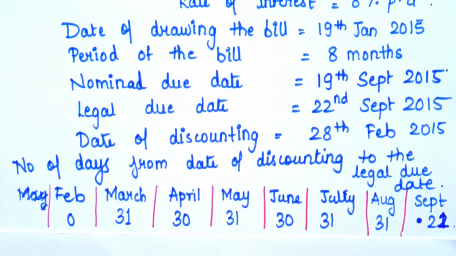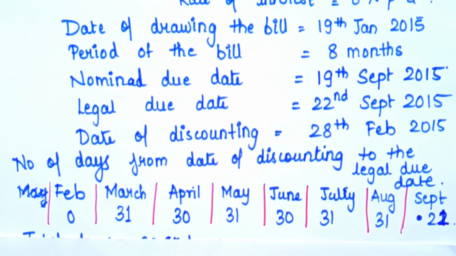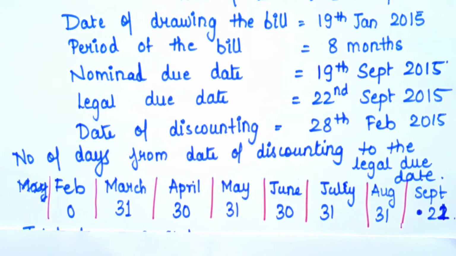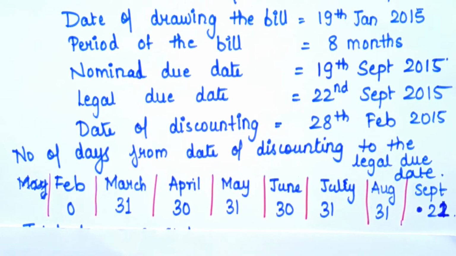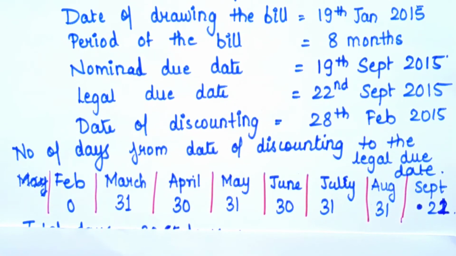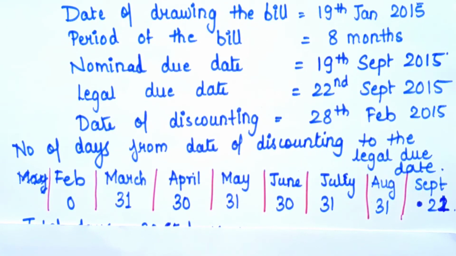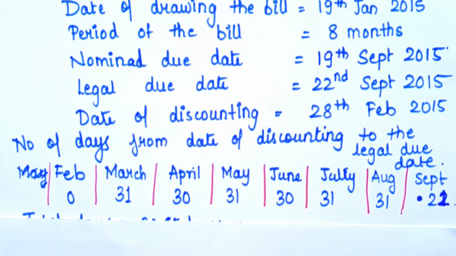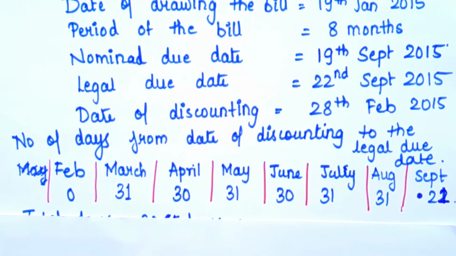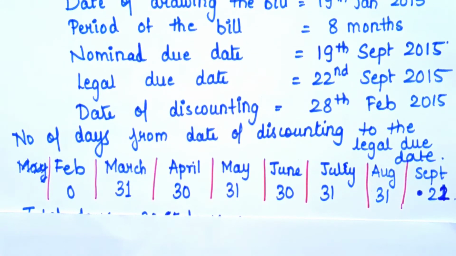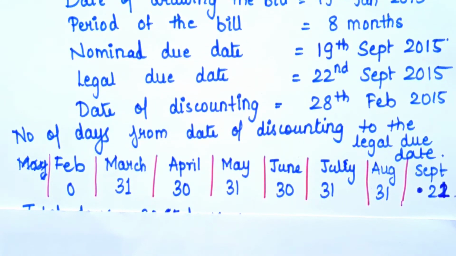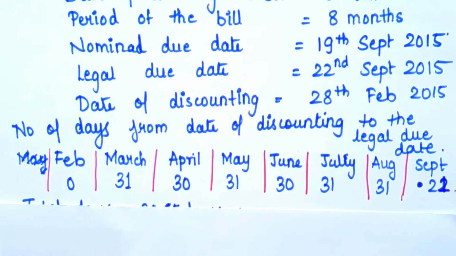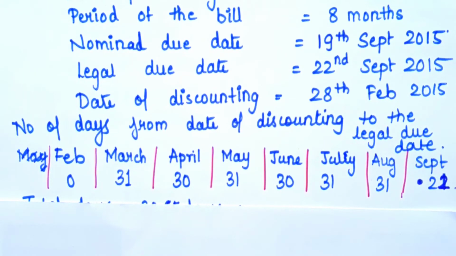You can calculate it using this table. February 2015 is not a leap year, so there are 0 days because he discounted the bill on 28th February. In March, there will be 31 days, April 30 days, May 31, June 30. He discounted in February and the legal due date is in September, so you need to go from February up to September and calculate all the days in between 28th February and 22nd September.